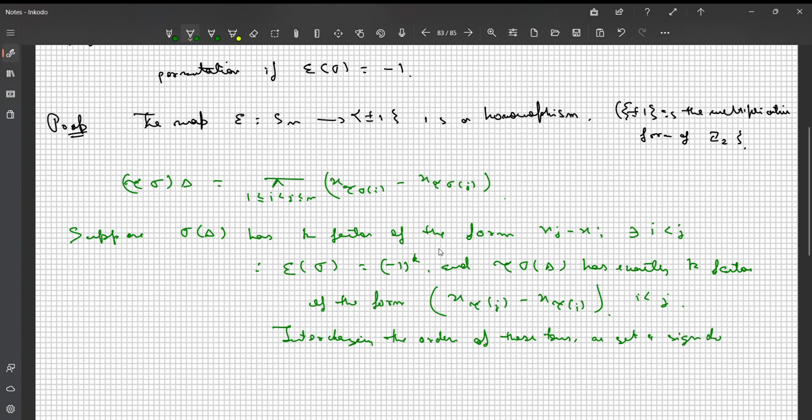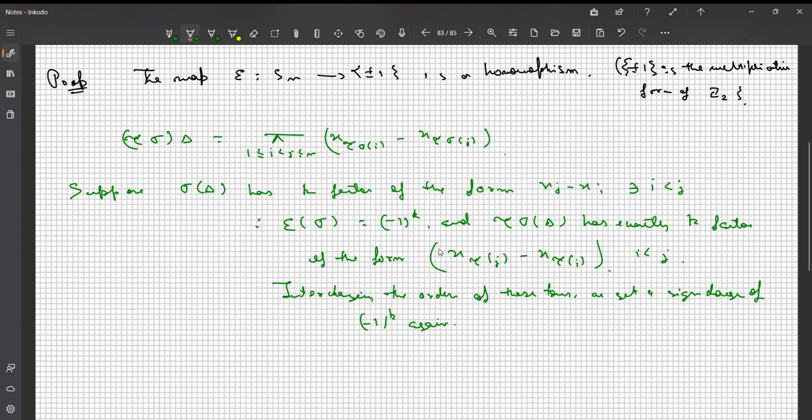Interchanging the order of these terms, we get a sign change of minus 1 to the power k again.